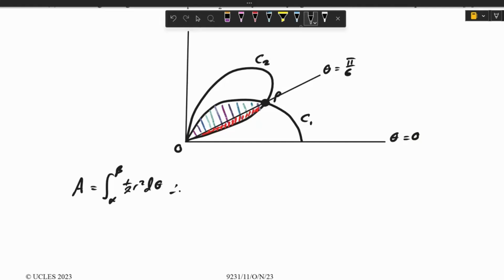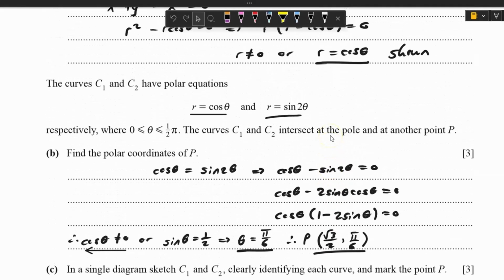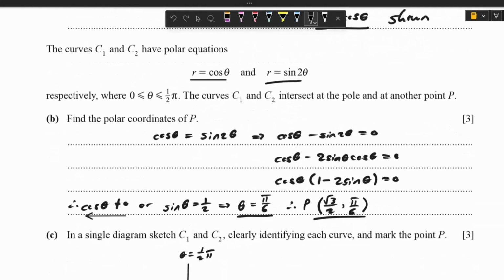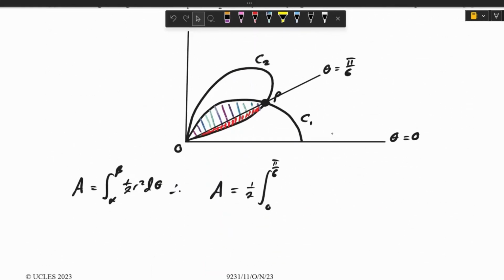So therefore, for the shaded area, we will be saying that it is equal to half integral from 0 to pi over 6 of, since we're talking about C2, C2 has the equation r is equal to sine 2 theta, so this will be sine squared 2 theta with respect to theta. And we're going to add that to the area which is above, this other area here.